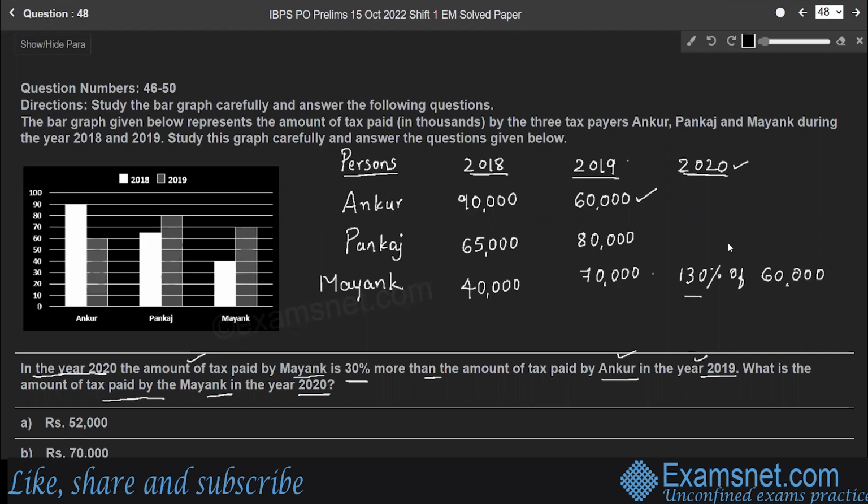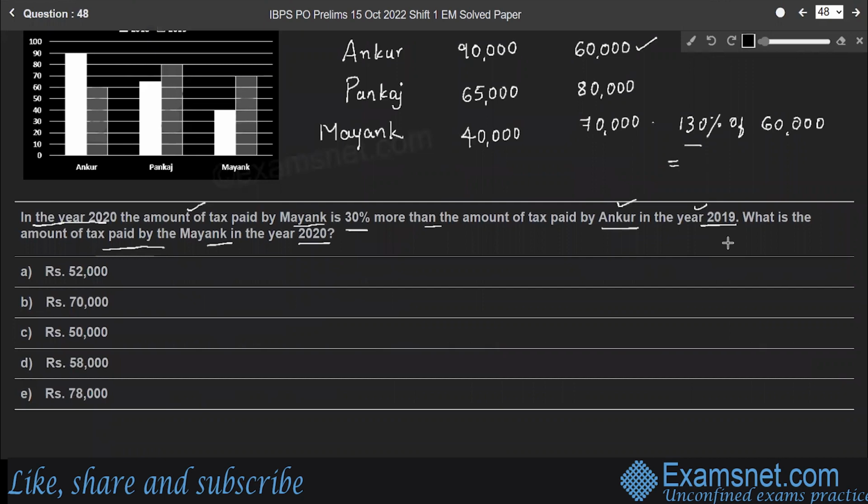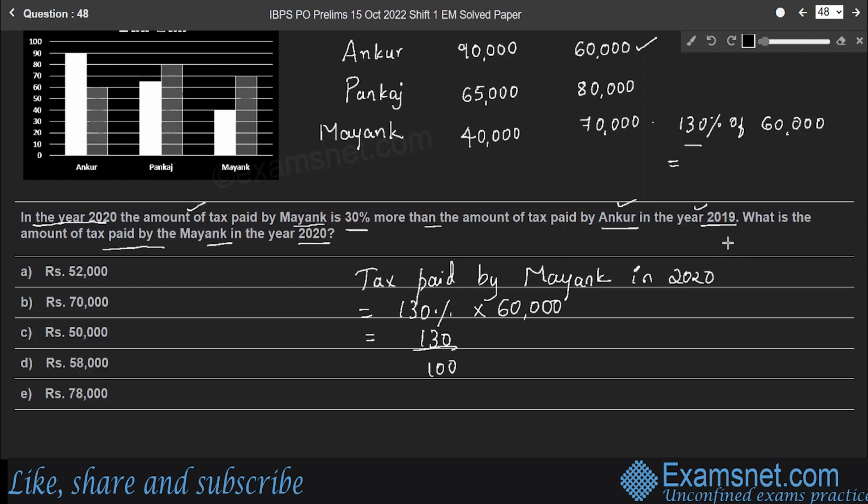So tax paid by Mayank is, here itself you can simplify. So tax paid by Mayank in 2020 is equal to 130% of, that means 30% more than the amount of tax paid by Ankur in the year 2019, which is 60,000. So we can write it as 130 by 100 into 60,000.